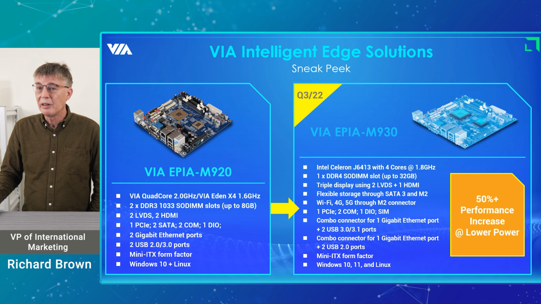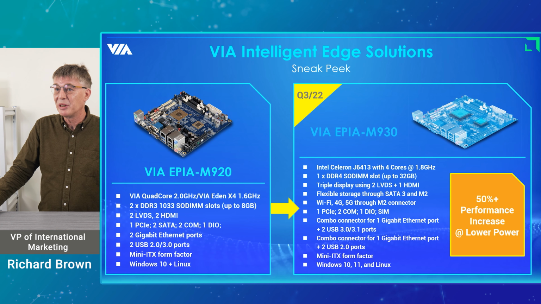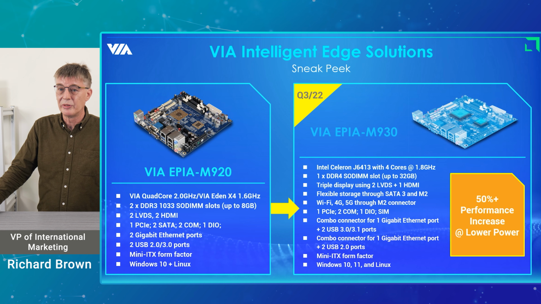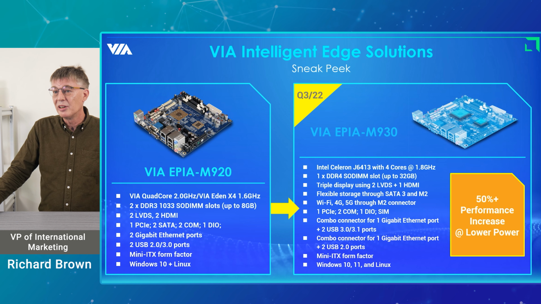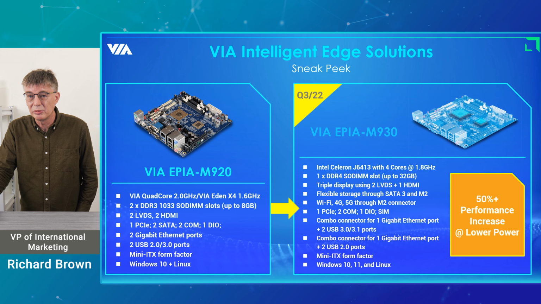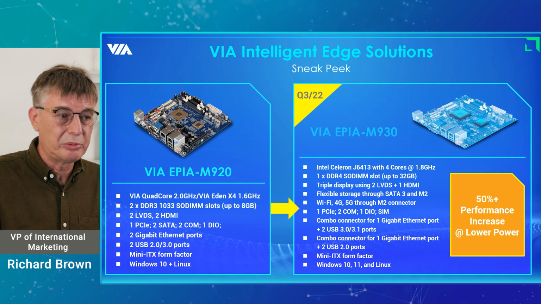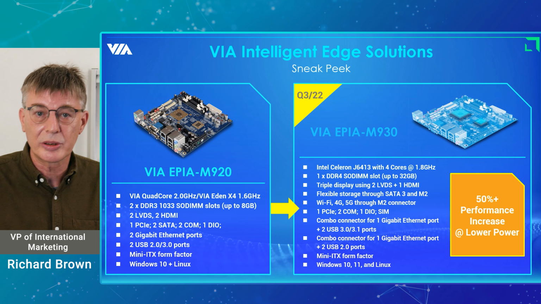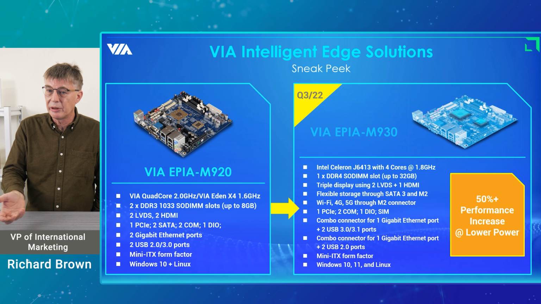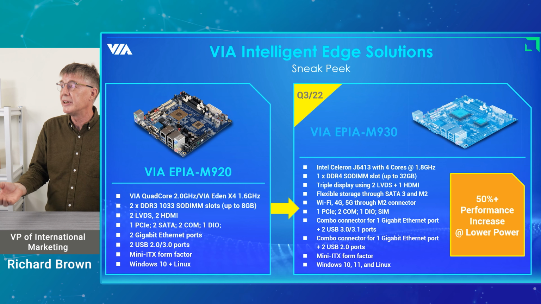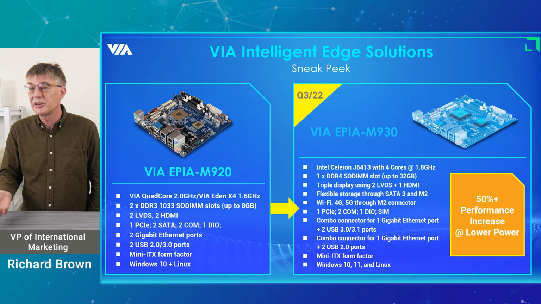Beyond our IoT platforms, I'm also pleased to give you a couple of sneak peeks into other products that we're developing. As I mentioned at the beginning of the presentation, we actually invented the Mini ITX form factor, and over the years we've launched different generations of the product based on generally VIA quad-core, VIA Eden, VIA C7 processors.